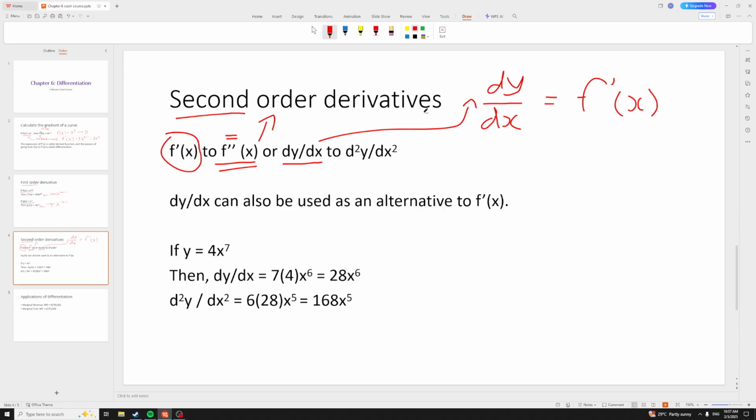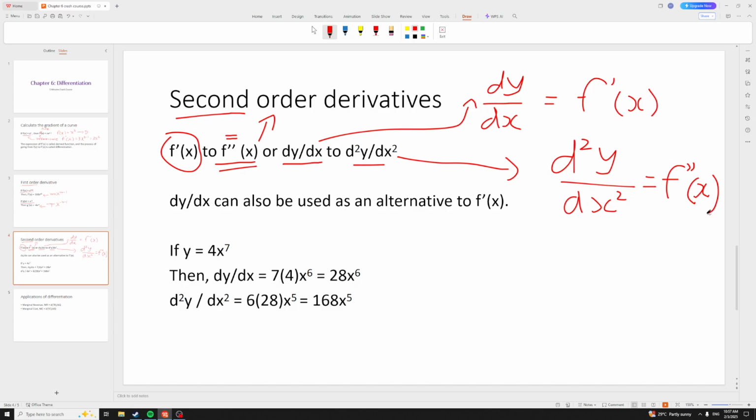You just need to understand that dy/dx is very similar to f'(x). And the second derivative, you write it as d2y over dx2, something like this. So dy/dx can also be used as an alternative to the first derivative of f(x).